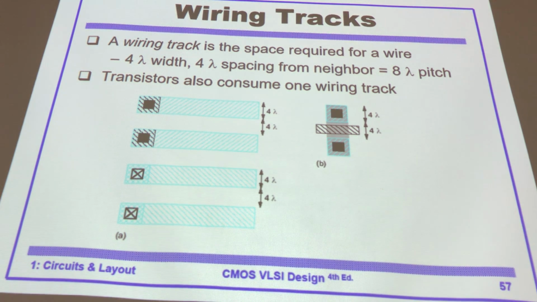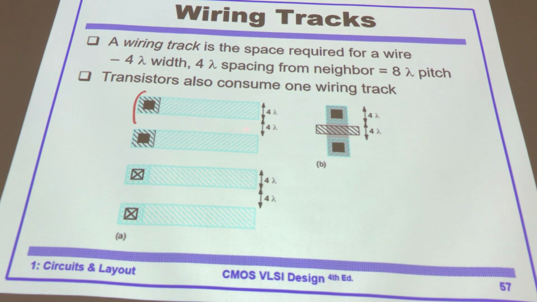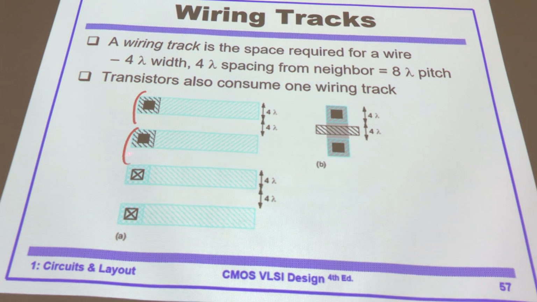So you can imagine that if there are 2 wires going across, one track is 8 lambda, including 4 lambda for metal and 4 lambda for spacing. If there are 2 tracks, again, 4 lambda for wire, 4 lambda for spacing. So one track takes about 8 lambda.